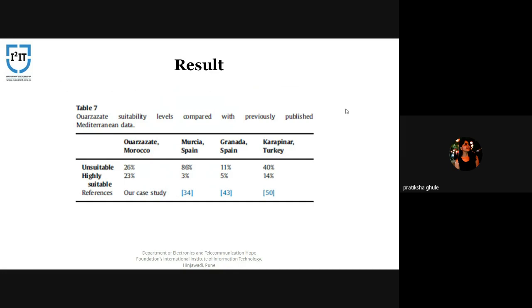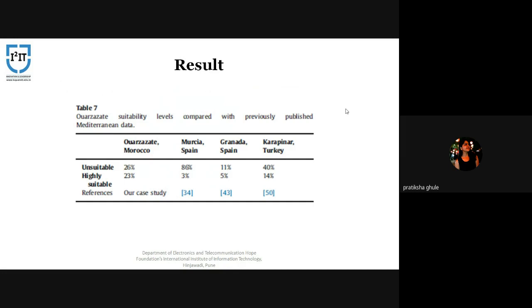Everything is going around the weightage, the most weightage to a particular criteria will be considered the suitable one. So you can see Ouarzazate, Morocco has the highest percentage in the row of highly suitable.